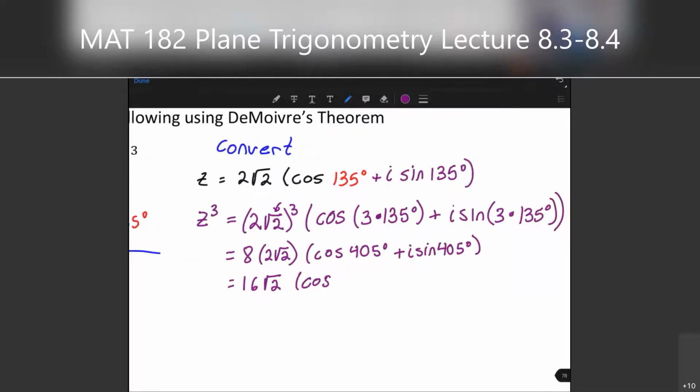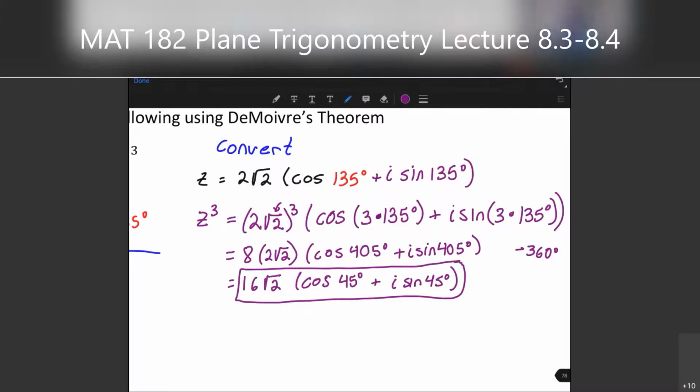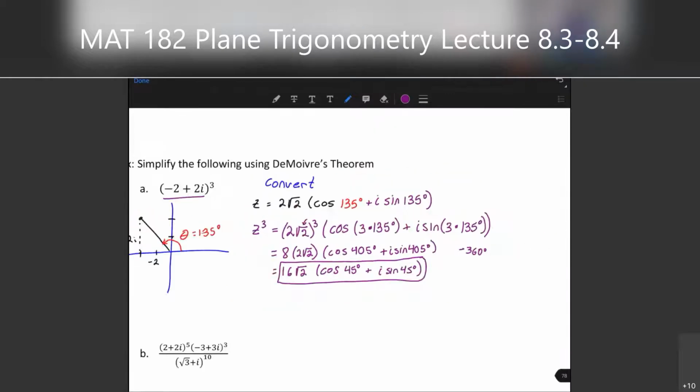So I subtracted 360 degrees to get a coterminal angle to 405. That would be a 45-degree angle. So I'm going to use that in my final answer. And that will do the job right there. So there's my complete solution, if we wanted to leave it in complex form, or in trigonometric form for the complex number.